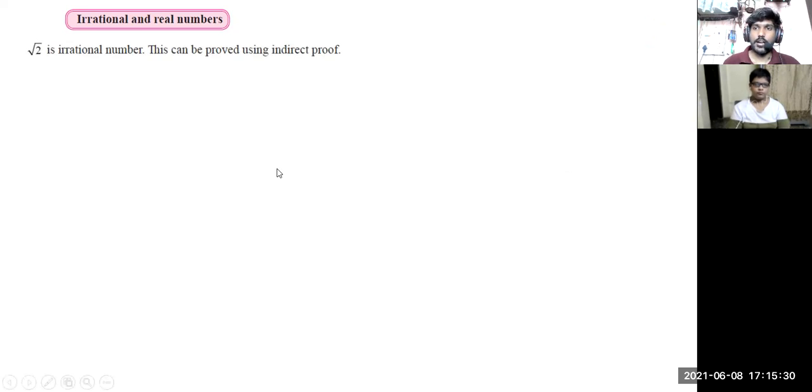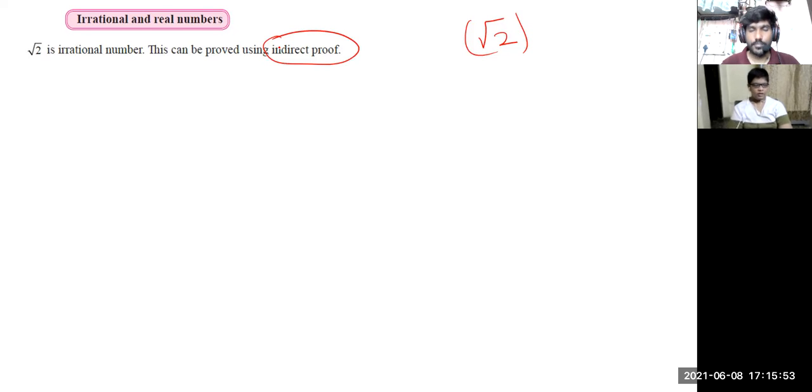Now, our very first topic is root 2 is an irrational number. Okay. Root 2 is an irrational number, and there is a proof for this. That proof is called an indirect proof. Now, when I say root 2 is irrational, what do I mean by that?